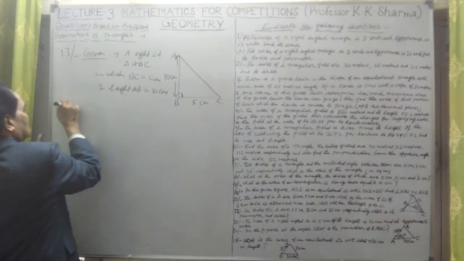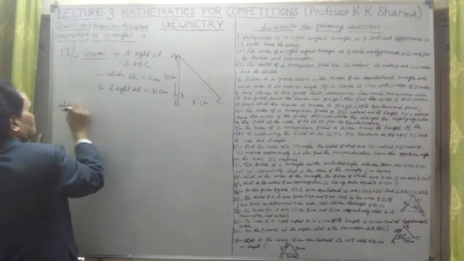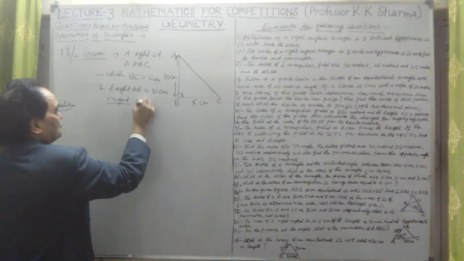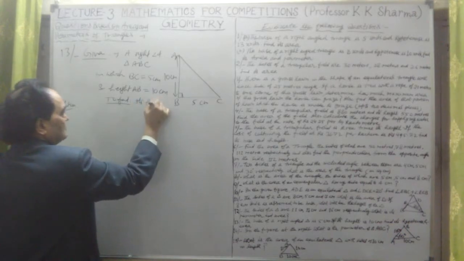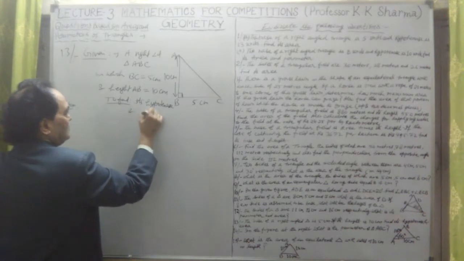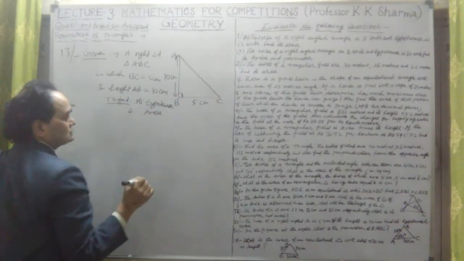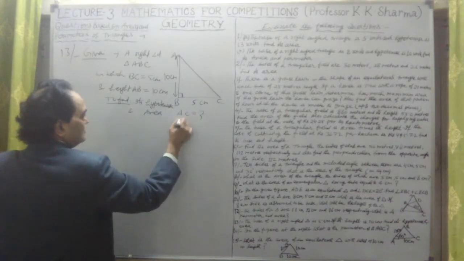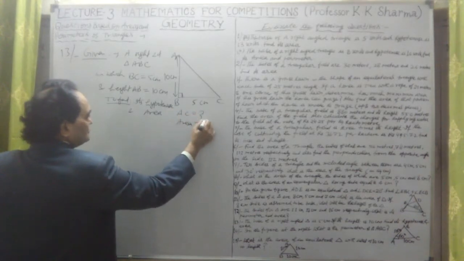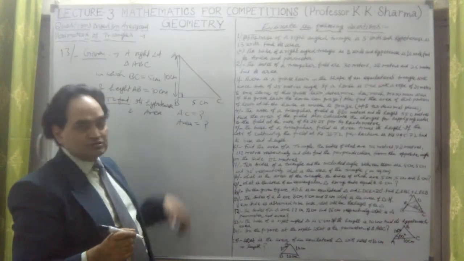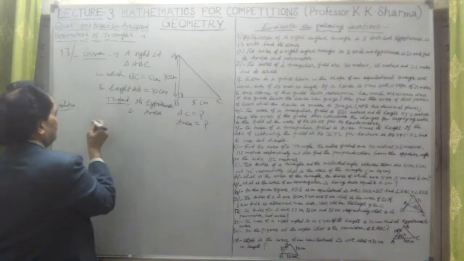Therefore, the solution here is to find its hypotenuse and area. These two things are required. So AC is equal to what? Area is equal to what? These two things we have to calculate. AC is the hypotenuse. First, let me find out the area.